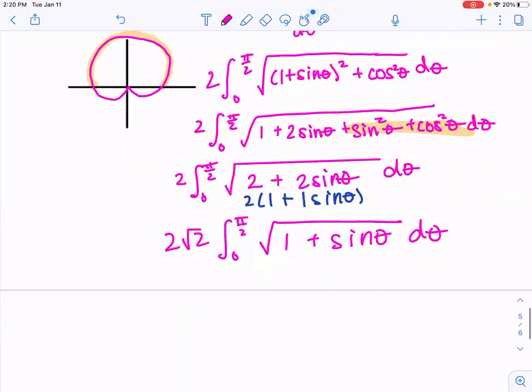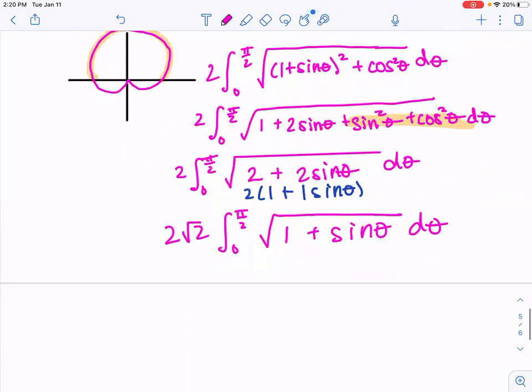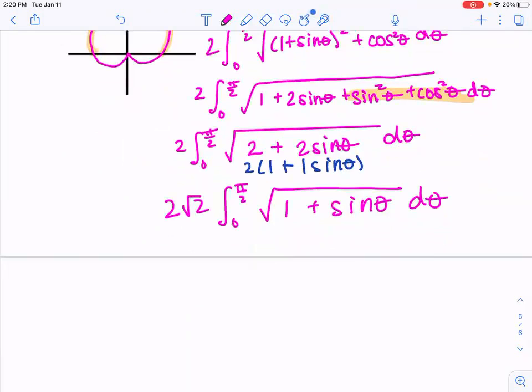Okay, so we're good now? Okay, now I want to force a trig identity underneath my radical so that there's no longer a radical. So I'm basically wanting to force the Pythagorean identity.